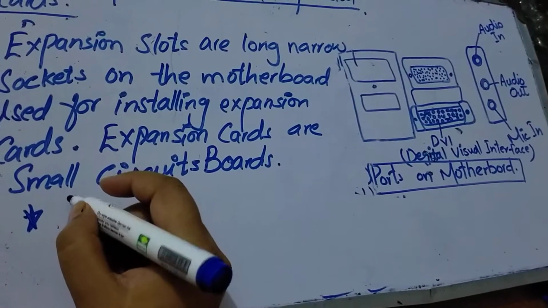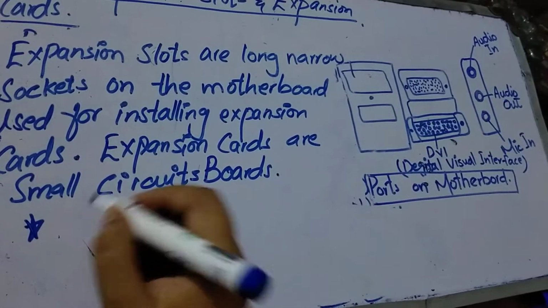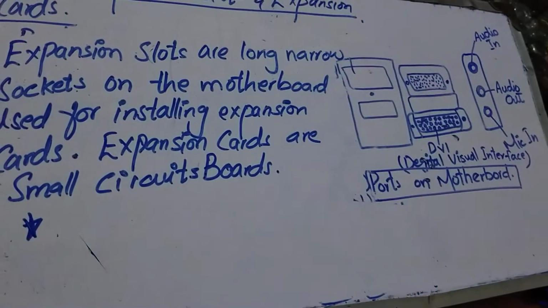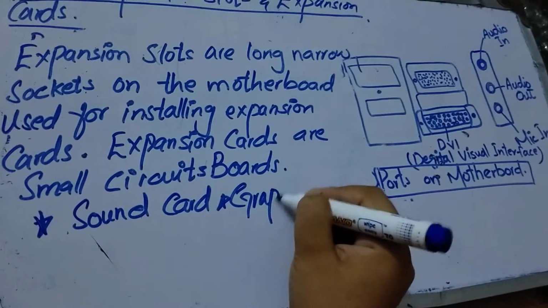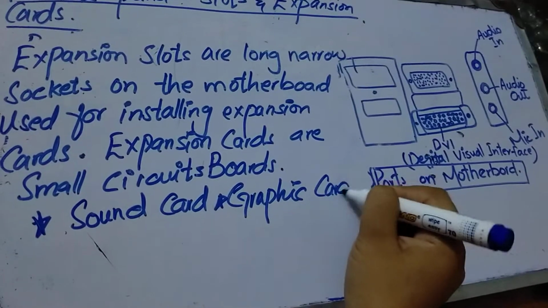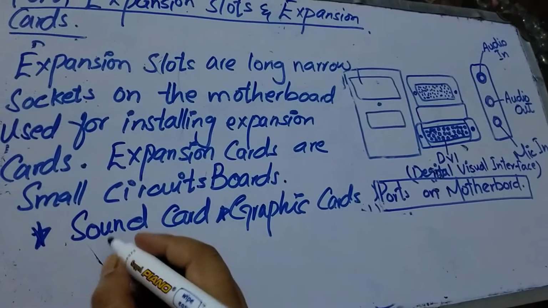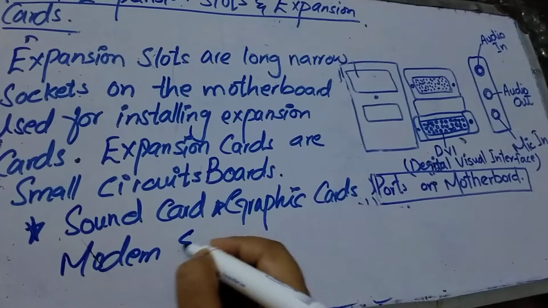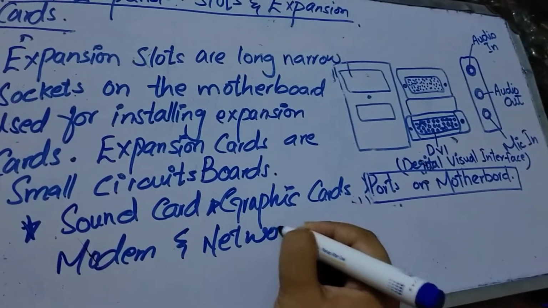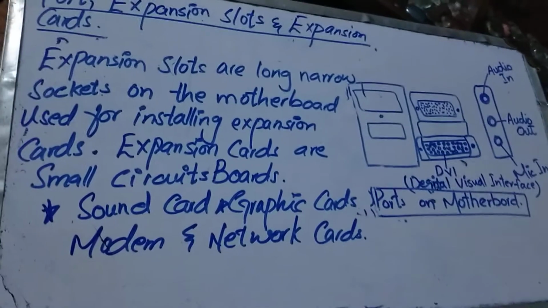Write the examples, dear. Sound cards, second one is graphic cards, and modem and network cards. Clear, girls?